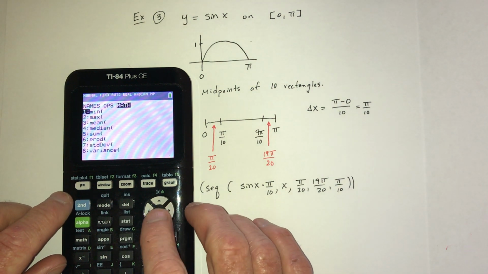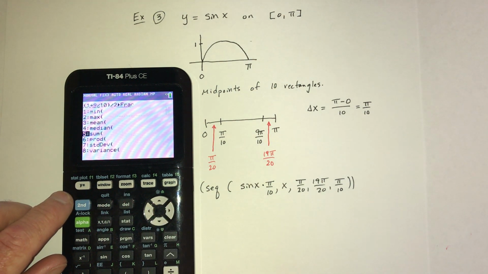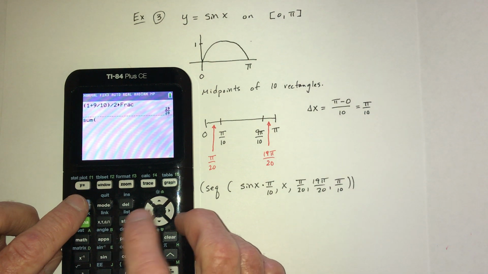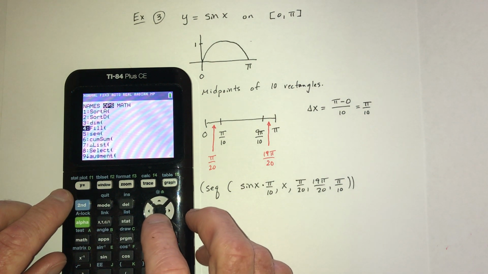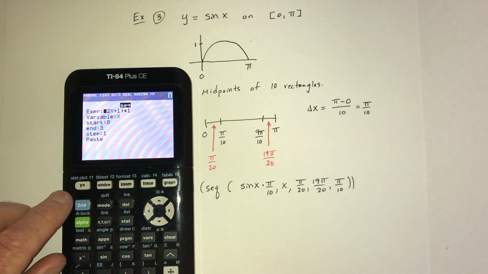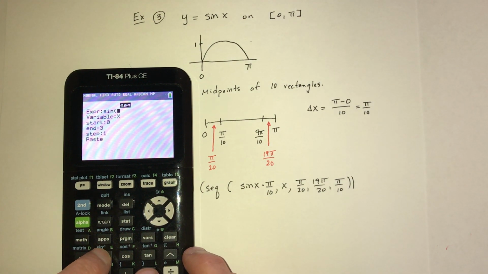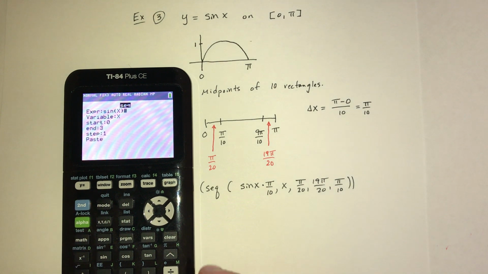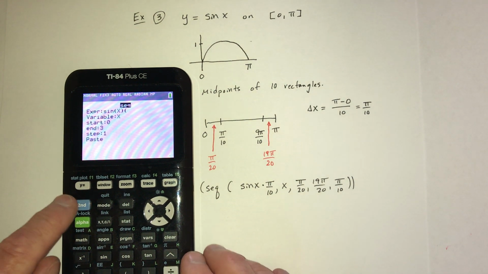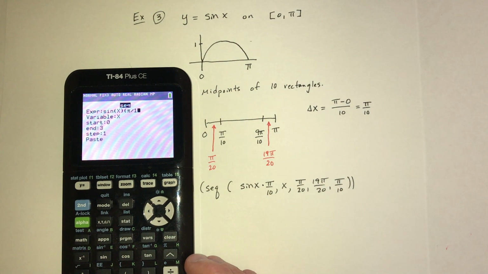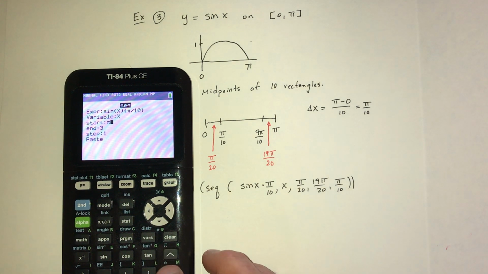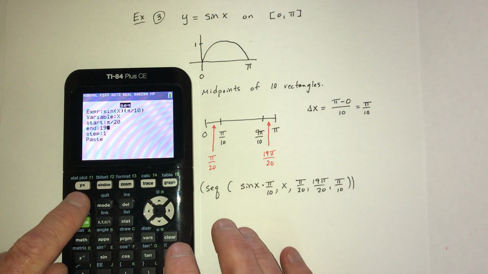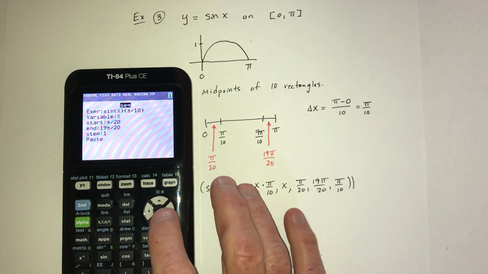So second list, operations, sequence. And then the function is sine of x, and then times pi over 10, with x going from pi over 20 to 19 pi over 20.